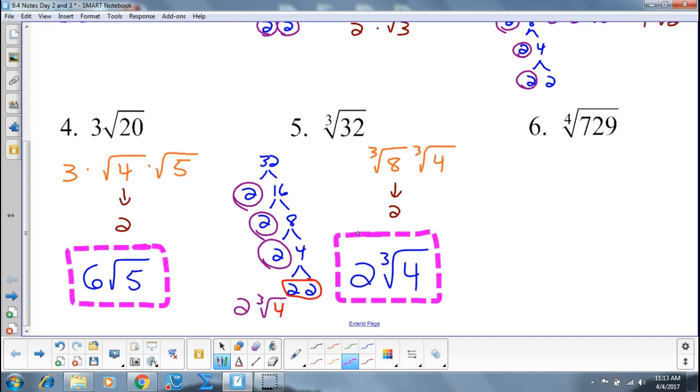Perfect fourths, what do you think a perfect fourth that goes into 729 is? From yesterday. Nine's not a perfect fourth. Does 81 go in there?